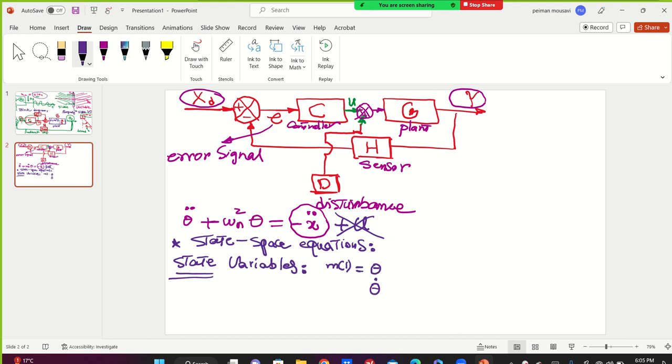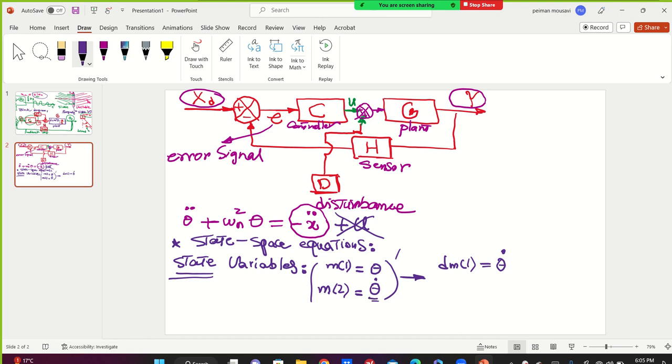M1 is theta, and M2 I'm saying is theta dot. I'm going to transfer exactly this to MATLAB. M1 and M2 are the names of the state variables. These are technical names. So taking the time derivative of both sides, you have dm1, the time derivative of this, equals theta dot.